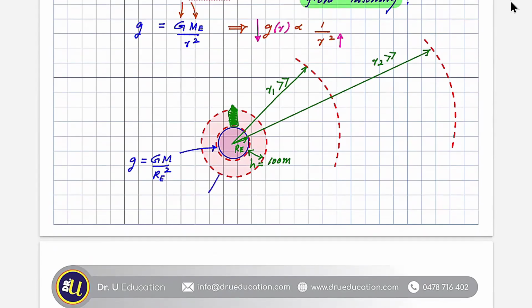I'm going to get this orbit, and I'm going to say that is G1, and that is GM divided by (R_E plus 100) squared. Agree? What about this one? This one is G2, GM divided by R1 squared. This one is GM divided by R2 squared, and that is G3. Agree?